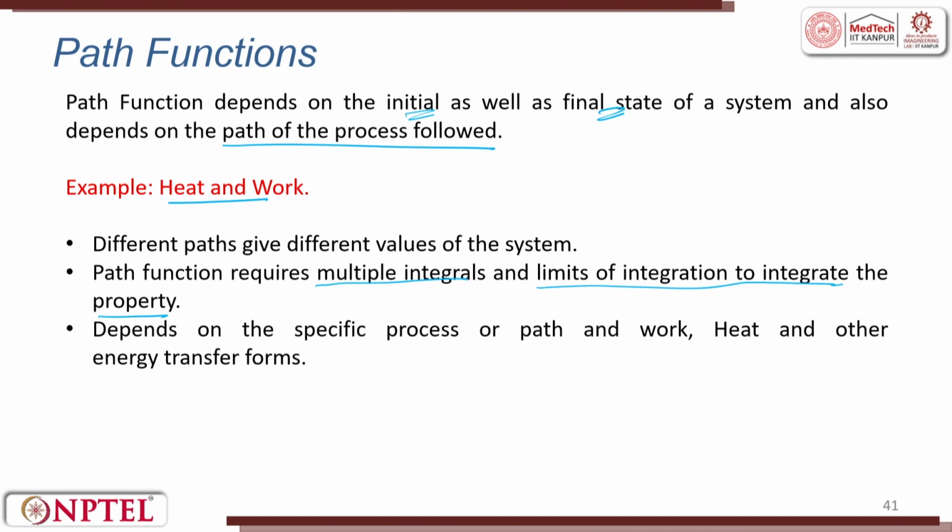I repeat, a path function requires multiple integrals. We take small parts and then do it, with limits of integration to integrate the property. It depends on the specific process or path, and on work, heat and other energy transfer forms. So, a path function looks into the initial, final plus the path of the process.